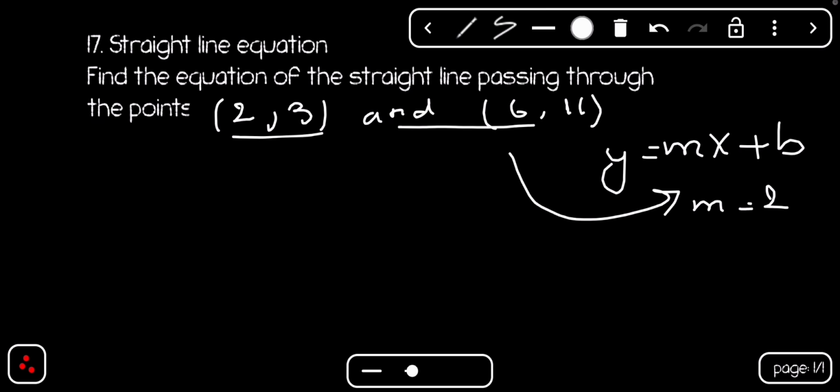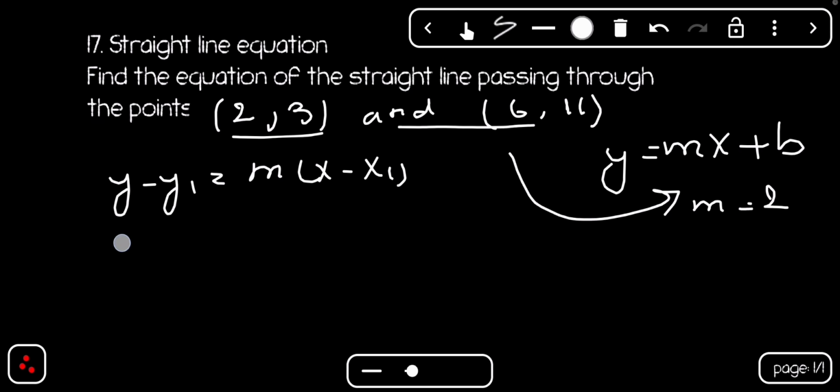So now, using this point, we have to find the equation, or we can write y minus y1 is equal to m times x minus x1. So we have y minus, you can choose any point that you want, (2, 3) or (6, 11). For me, (2, 3) is easy, so I just write y minus 3 is equal to 2 times x minus 2.